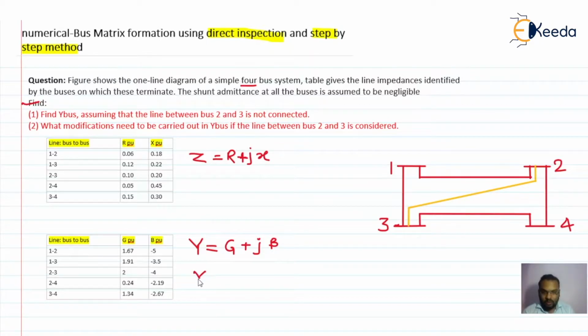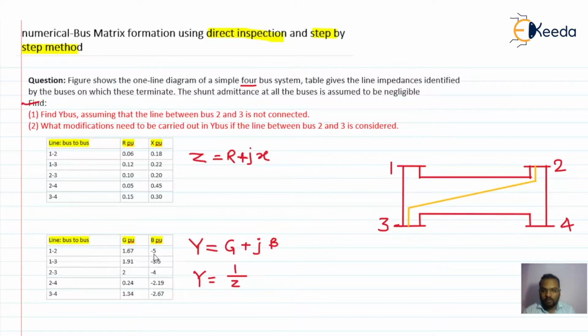So you can find Y very easily just by using your calculators. You go in the complex mode, you write this value first, then you take 1 upon this value, and your calculator will give you the result.